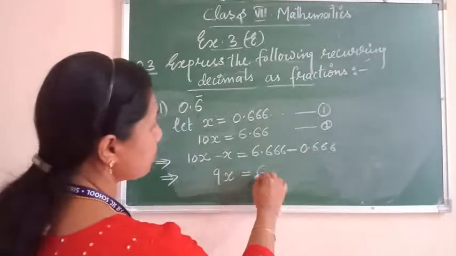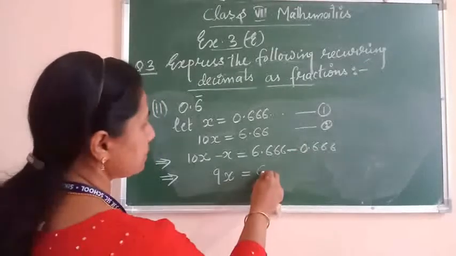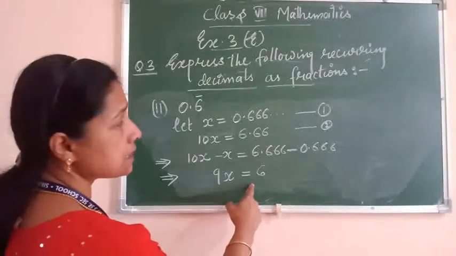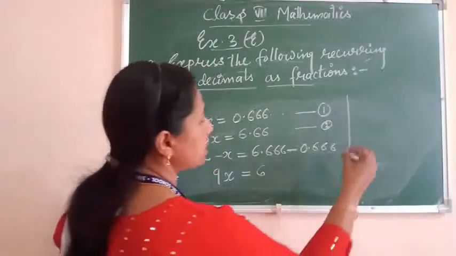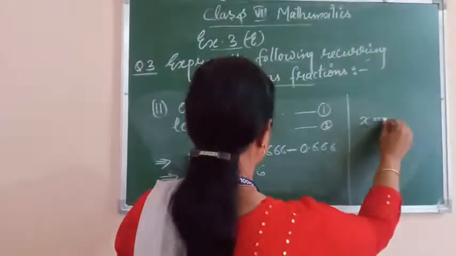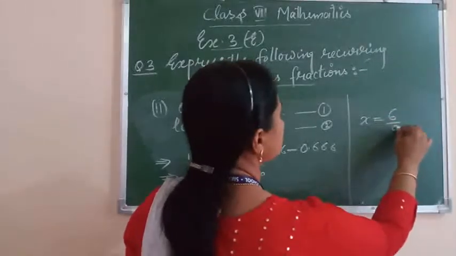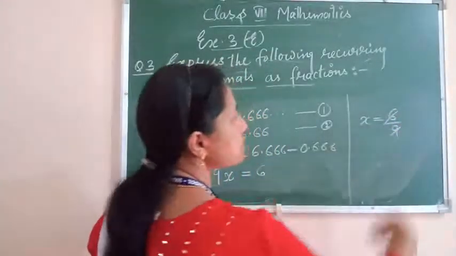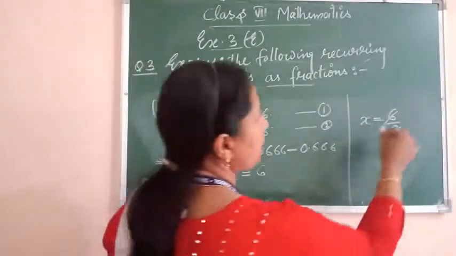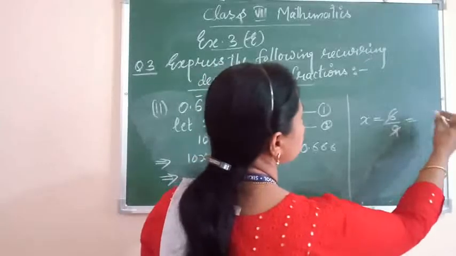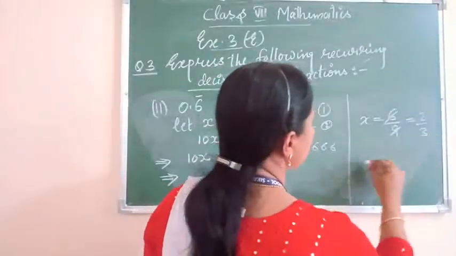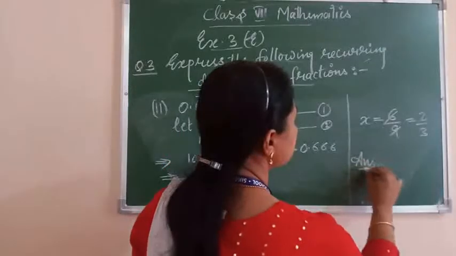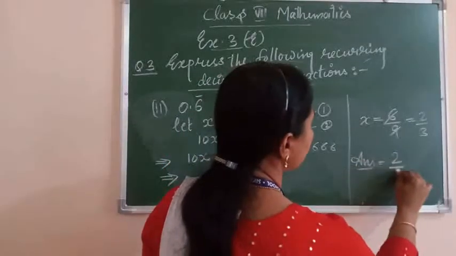After doing the subtraction, 9x is equal to 6 only. Now your equation is 9x is equal to 6. Now we are finding the value of x. Here x is equal to 6 upon 9. Here also you can reduce this fraction by 3. 6 divided by 3 is 2, and 9 divided by 3 is 3. So your answer, the fraction of this, is 2 upon 3.